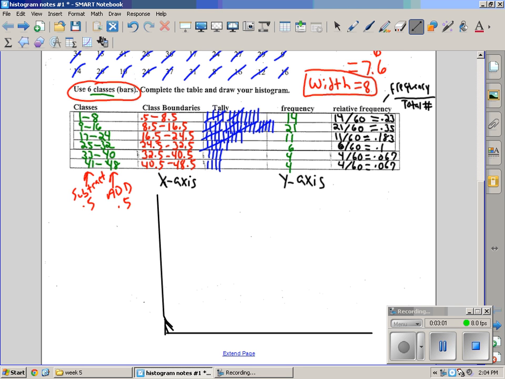So if you look at your frequency on the y-axis here, you must label your axes. What's the frequency referring to? 14, 21, 11, 6. What are those? Averages? What does it say in the problem they are? The commuters, the workers, what do you want to call them?